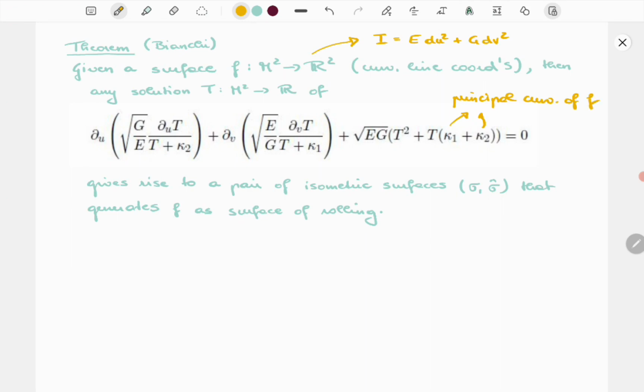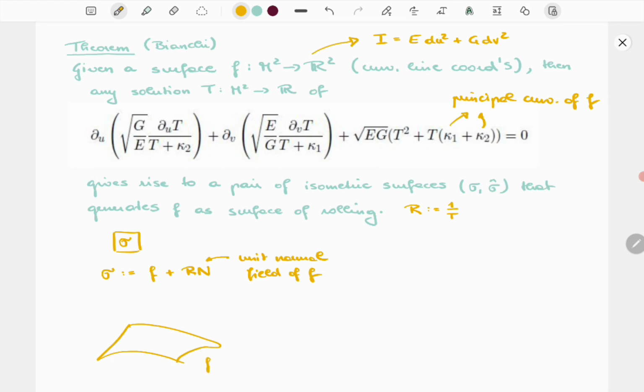And the two surfaces sigma and sigma hat are then given by the following constructions. Instead of t, it's a bit more comfortable to look at the function r, which is given by 1 over t. Then the first surface sigma is given by F plus r n, where n is the unit normal field of F. So we have our surface F with the unit normal field n.